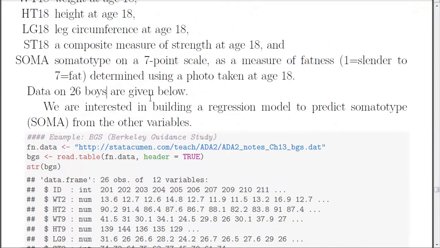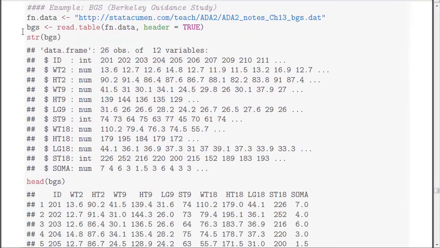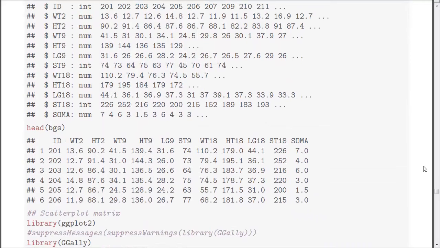So we have data on 26 boys. We'll read that data set in, and here's all those variables. They're all numeric. You can see that we've got lots of measurements for each individual. The ones we care about are 2, 4, 6, 8, 10, 11 measurements.